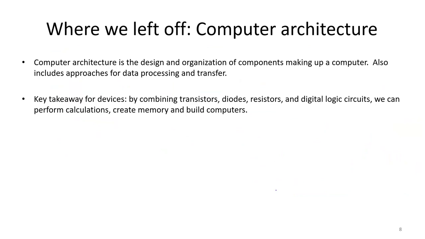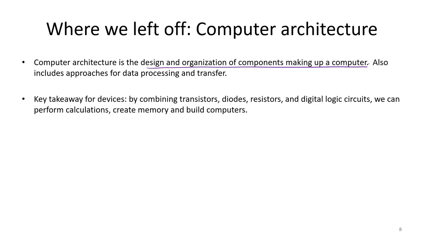So let's go ahead and continue where we left off in the previous video. In the previous video, we introduced this idea of computer architecture. And we defined computer architecture as the design and organization of components making up a computer.